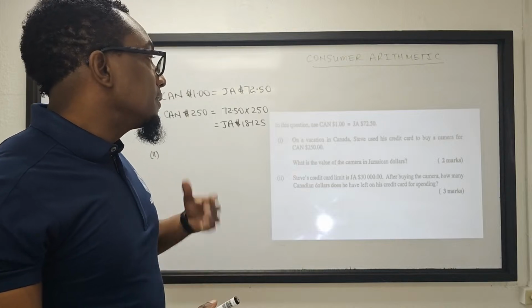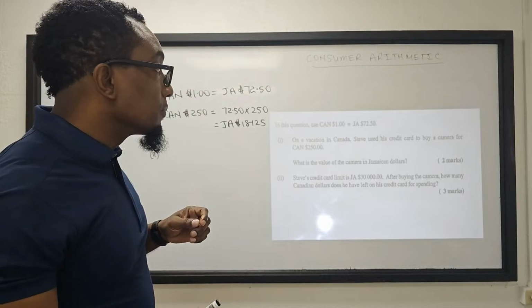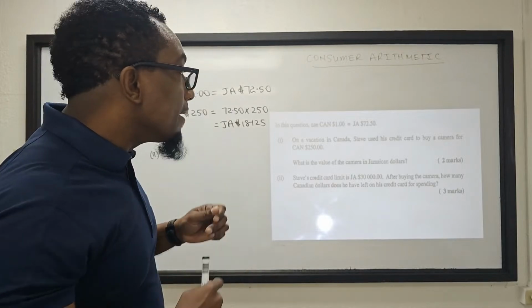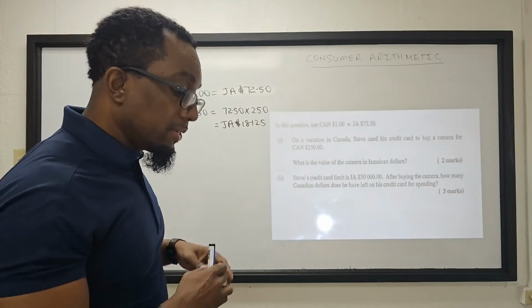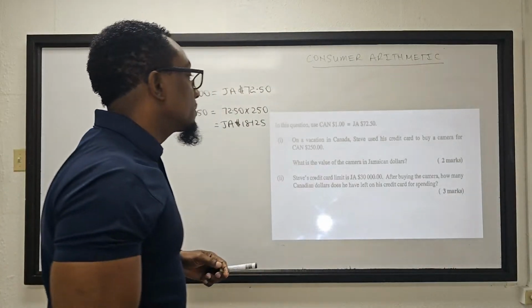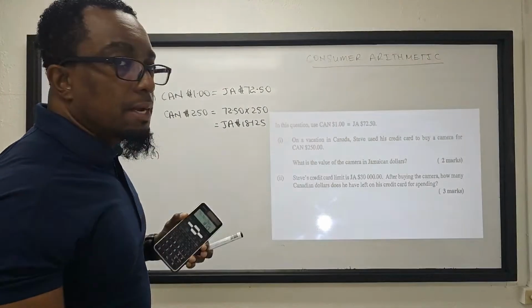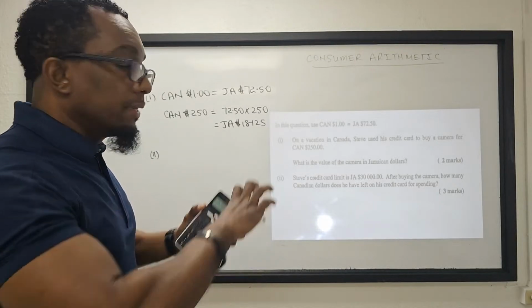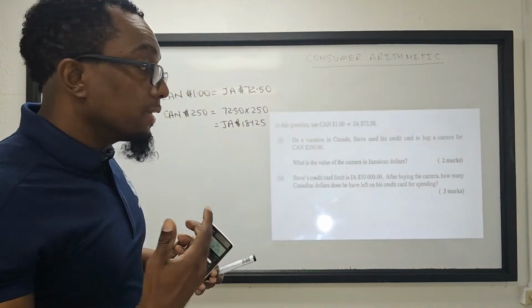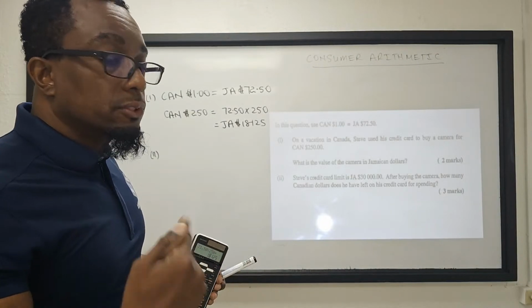Right? So Steve, his credit card limit in Jamaican dollars is $30,000. And after buying the camera, how many Canadian dollars does he have left on his credit card? So let us first subtract the amount of money used for purchasing the camera from the amount he has on his credit card. That difference now we have to convert back to Canadian dollars.